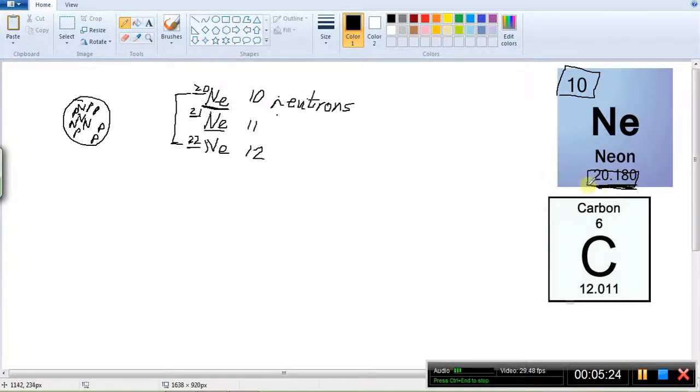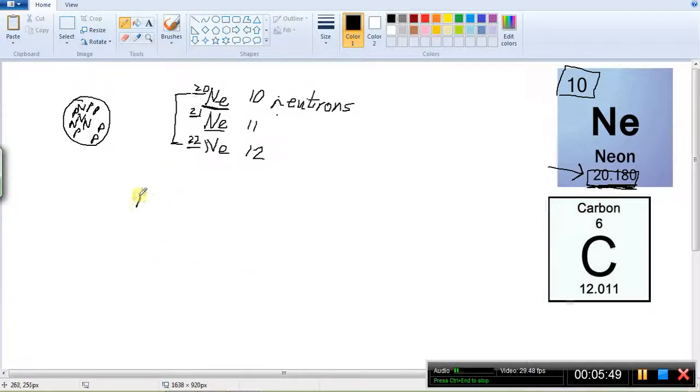And so we can calculate the atomic mass of neon if we know the different abundances of all the different isotopes. So this is the average atomic mass. We say atomic mass a lot of times, but really we mean the average atomic mass. It's the average of atomic masses of all the naturally occurring isotopes in nature. And so we can do a couple examples of this right now.